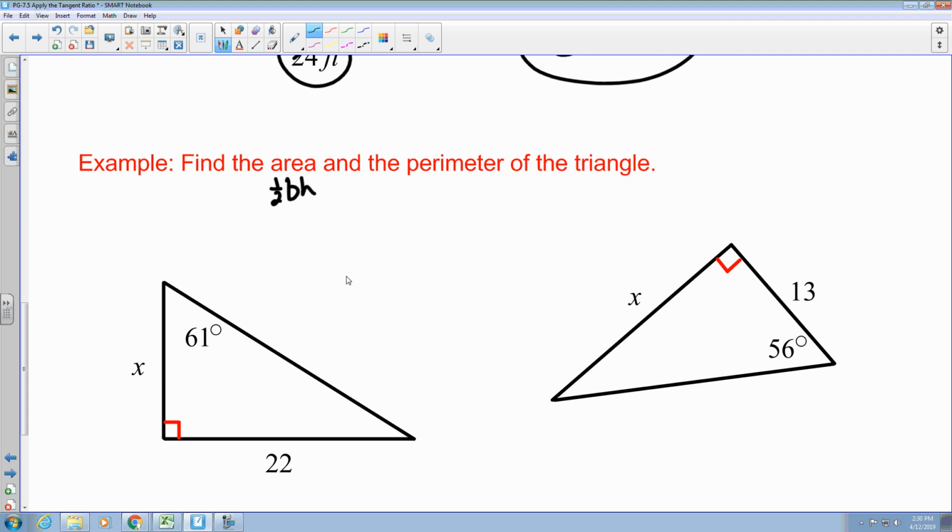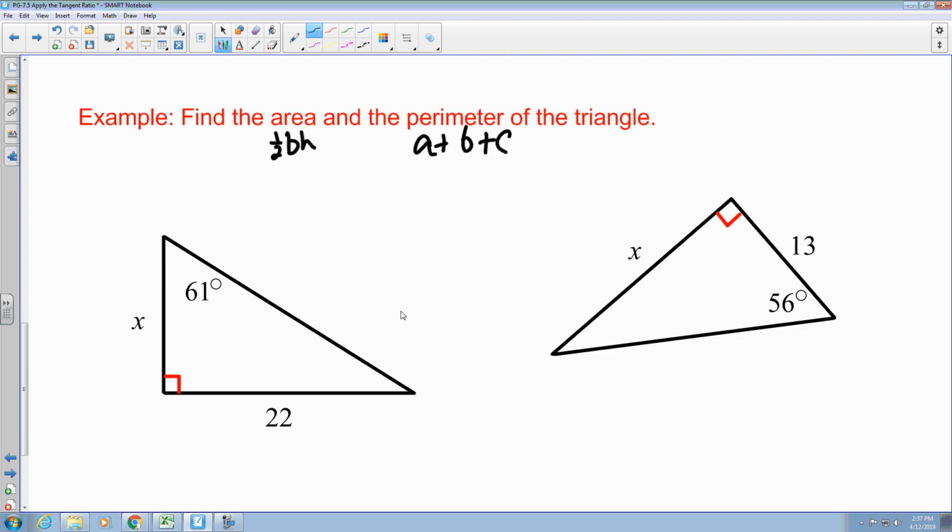Finding the perimeter is the sum of all three of the sides, A plus B plus C. So what we need to do first is we need to find what the value of x is, one of the side lengths.